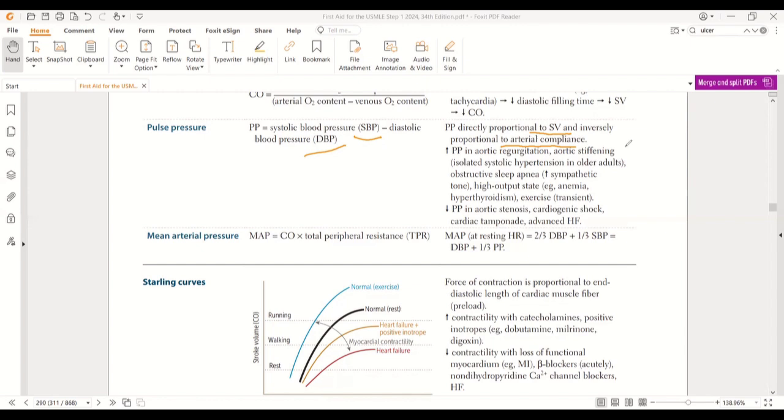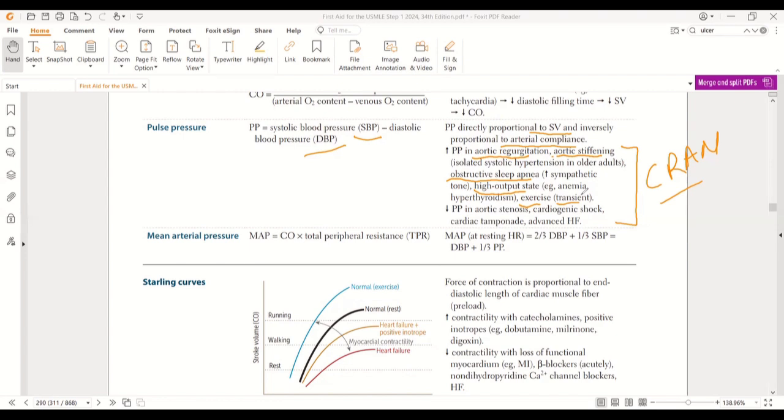You have to remember these conditions. The causes of increased pulse pressure are aortic regurgitation, aortic stiffening, obstructive sleep apnea, and high output states like anemia and hyperthyroidism. Exercise is a transient cause.